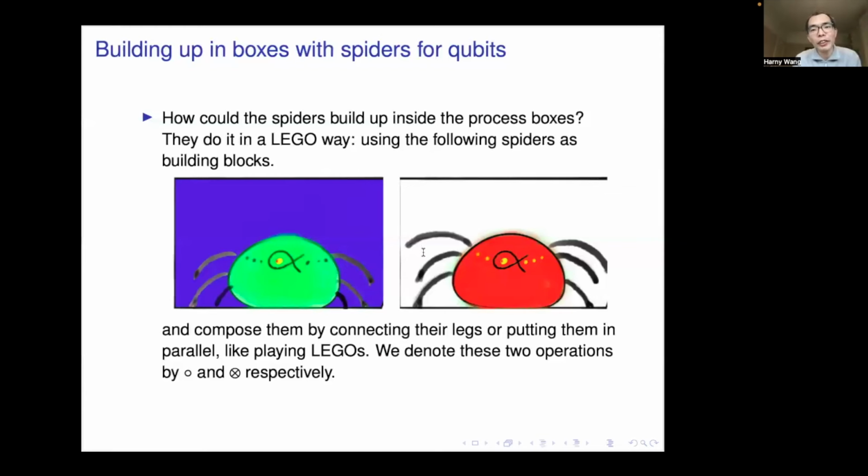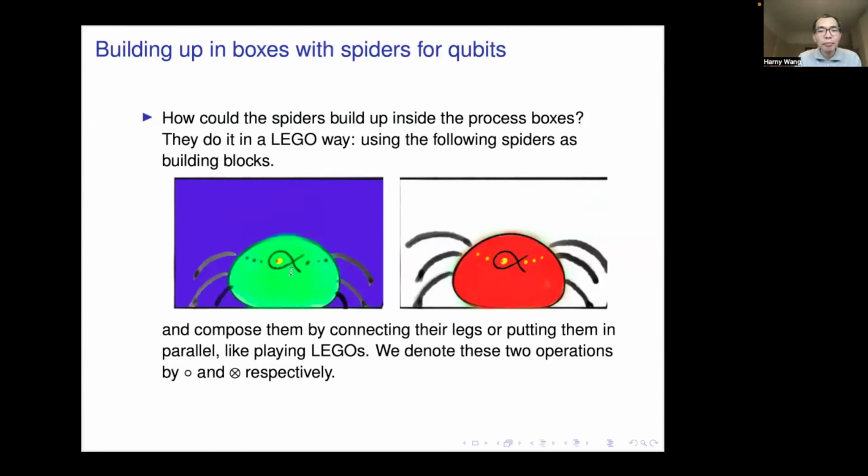Because we just focus on qubits, each leg has the same type, number 2. So we ignore the type now, and this is the cartoon style diagram. I will show the formal diagram later. So you have two spiders, green and red. They can be labeled with some alpha, which is a real number.